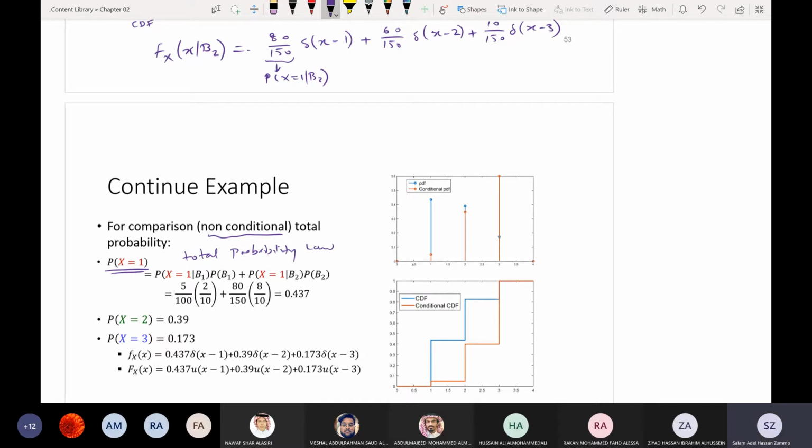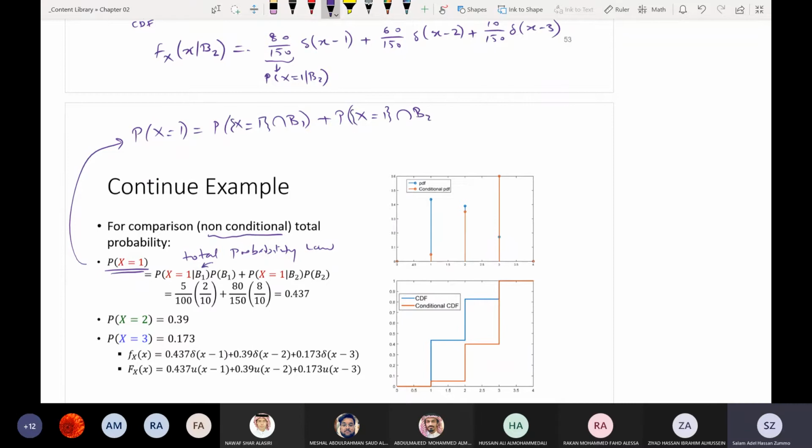I find the probability that x equals 1 by conditioning over B1 and B2. This is equal to the probability that x equals 1 intersect B1, plus the probability that x equals 1 intersect B2.